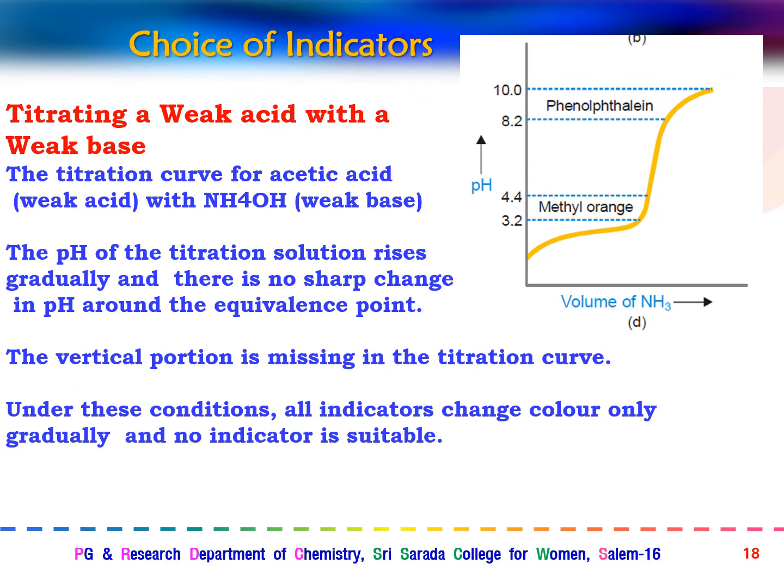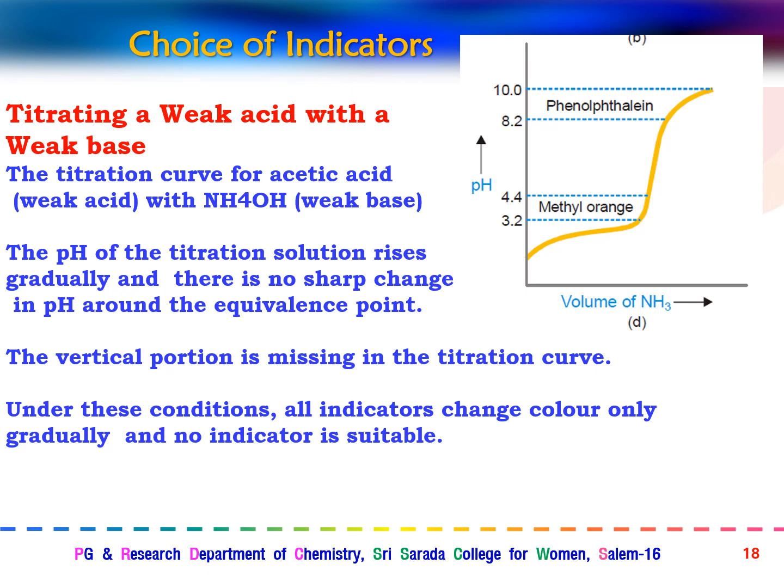The last one is titrating a weak acid with a weak base. Here the titration curve for acetic acid, which is a weak acid, with ammonium hydroxide, which is a weak base, is shown in this slide. The pH of this titration solution rises gradually and there is no sharp change in pH around the equivalence point.